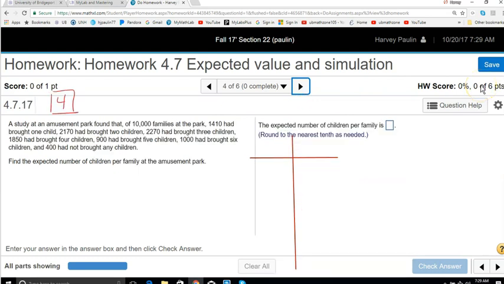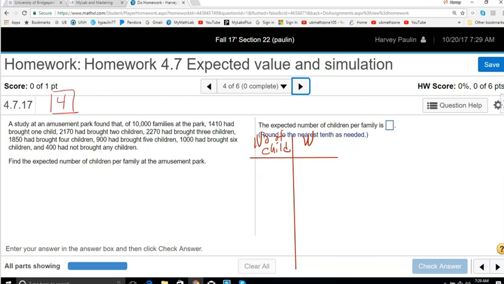Now, in example 4, it's a similar example, and what we want you to do is figure out how to display the data. So number 4, you're going to have families in a park, and this will be the number of children. And how many families had that number of children here?